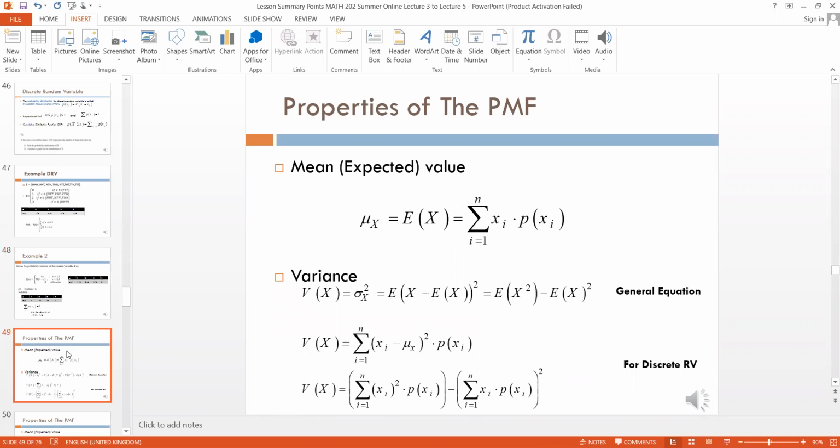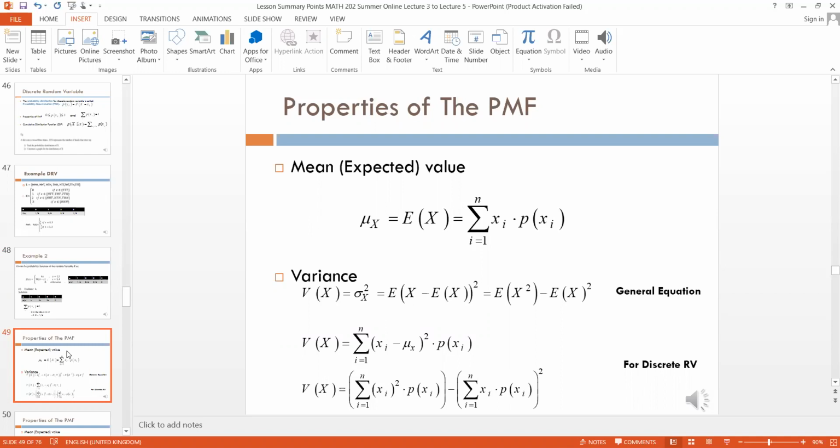The mean, which is also the expectation of the process, is defined as the summation of xi times its corresponding probability. So if we sum up all of the products of the outcomes with their probability, we get the expected value or the mean of the process.